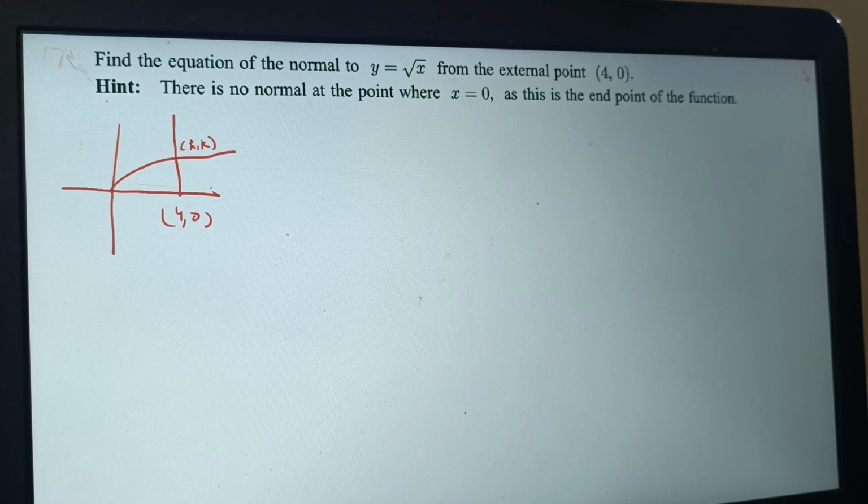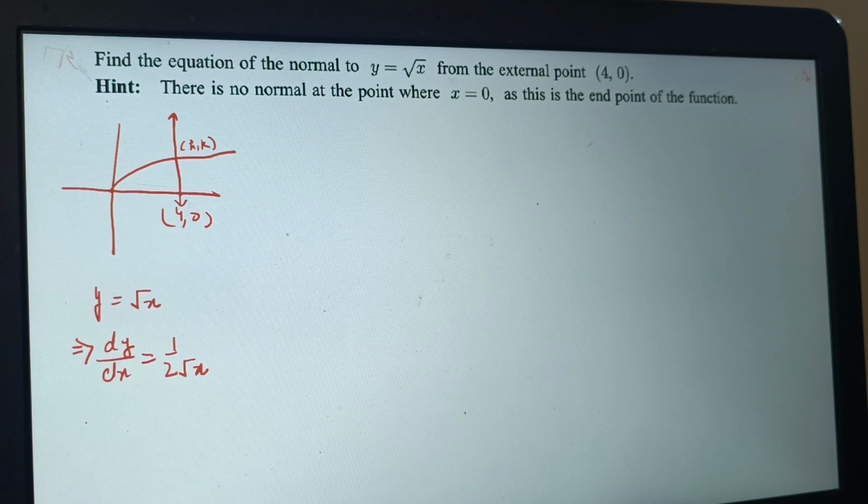Now we need to find the equation of this normal passing through 4 comma 0. So let's see. Now y is equal to square root of x, and taking the derivative of this gives me the slope of the tangent, but I need the slope of the normal.